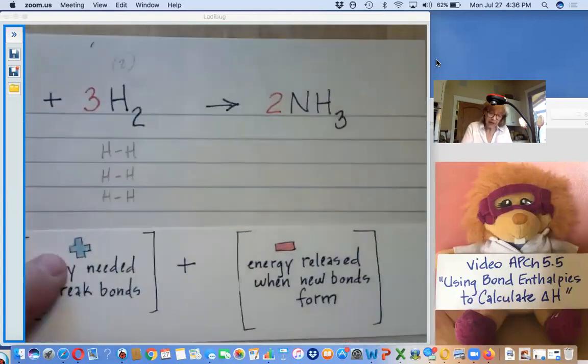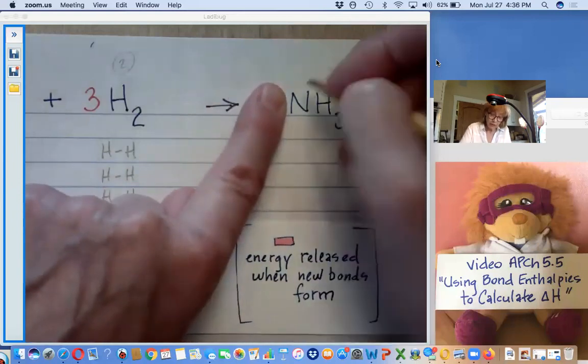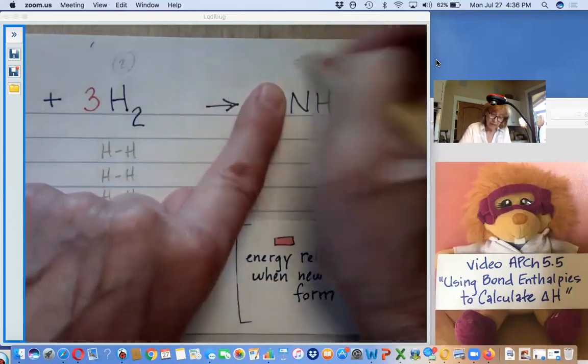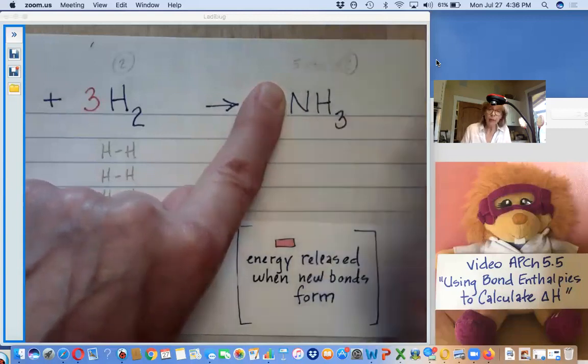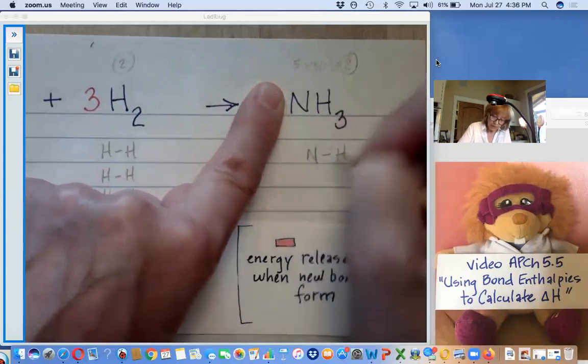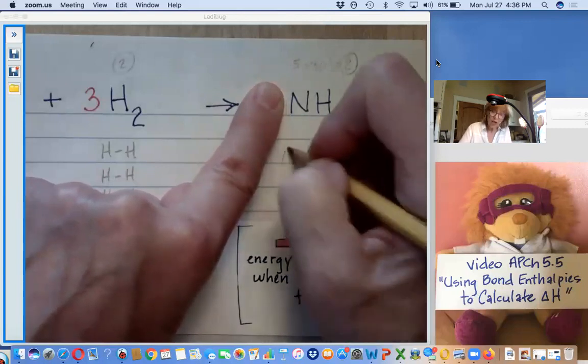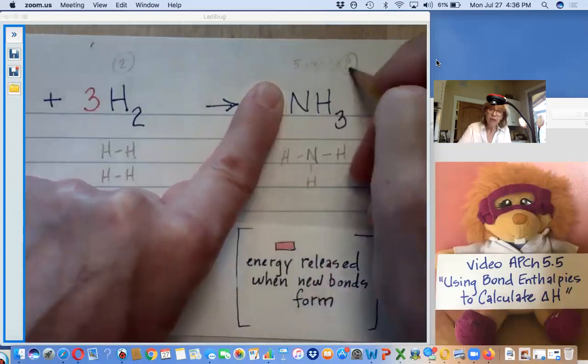On the product side, I am making ammonia molecules. Nitrogens have 5 valence electrons, hydrogens have 1, but there's 3 of them. 8 is my target number. Nitrogen bonded to 3 hydrogens, used up 2, 4, 6. 8 is my target.